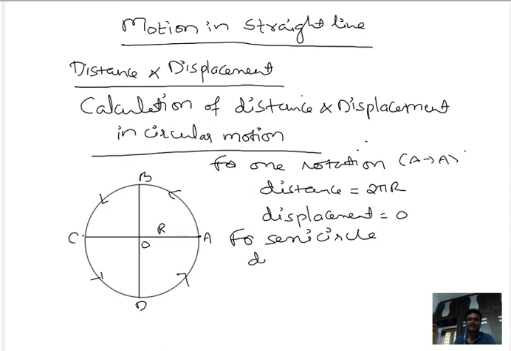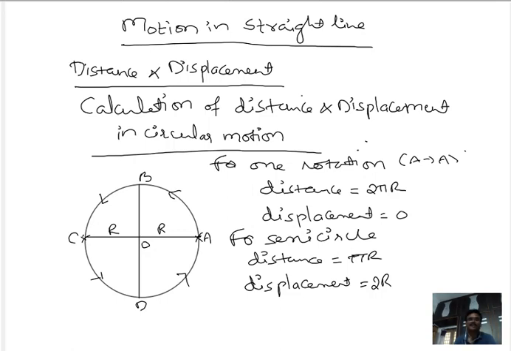So I can write distance will be equal to pi r, whereas displacement is the shortest distance between the initial and final position. This is A, this is C. The shortest distance is r plus r, which becomes 2r. So this is the displacement.